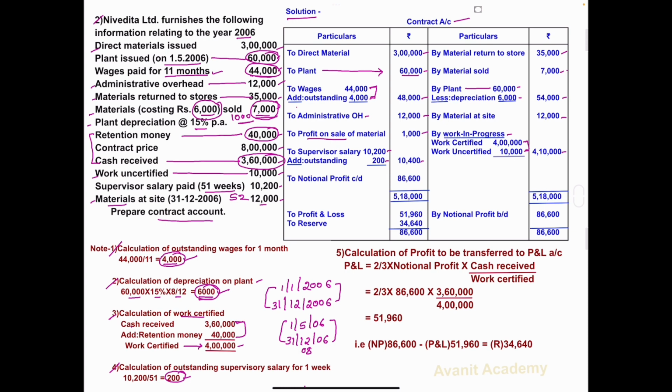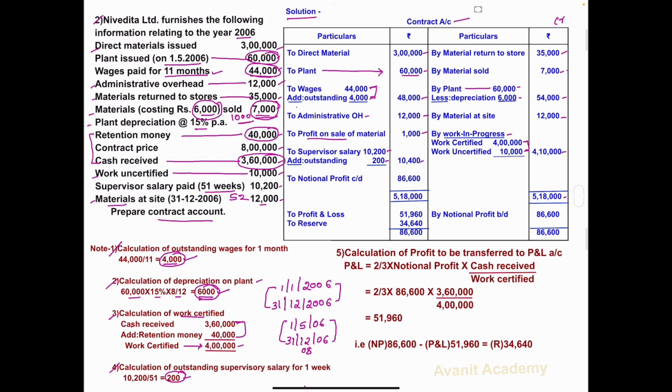So now add this credit side. 35,000 plus 7,000 plus 54,000 plus 12,000 plus 4 lakh 10,000, and the total is 5 lakh 80,000.